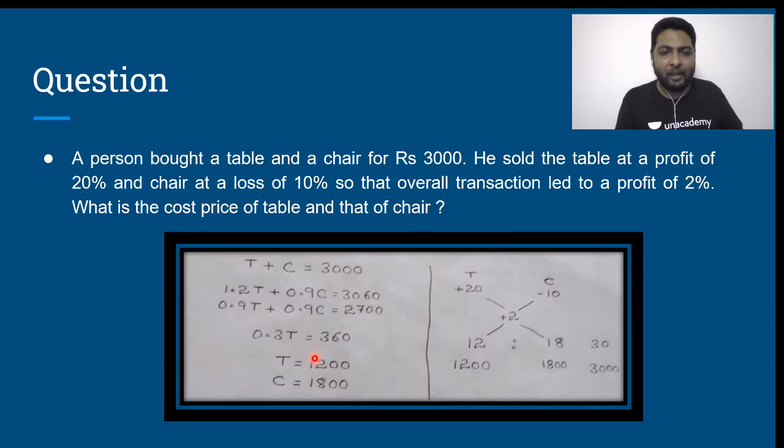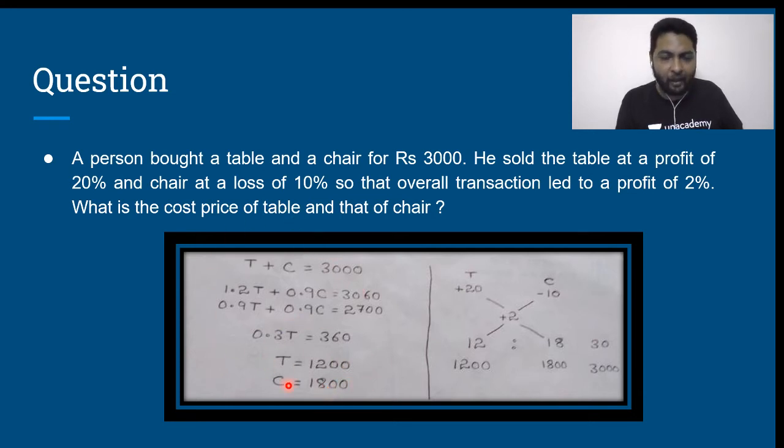Therefore, T will be equal to 360 divided by 0.3, which is nothing but 1200. So the cost of table is 1200. And what is the cost of chair? By substituting the cost of table as 1200, you get the cost of chair as 3000 minus 1200, which is 1800.